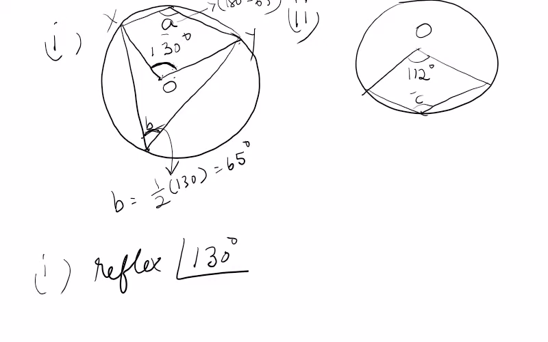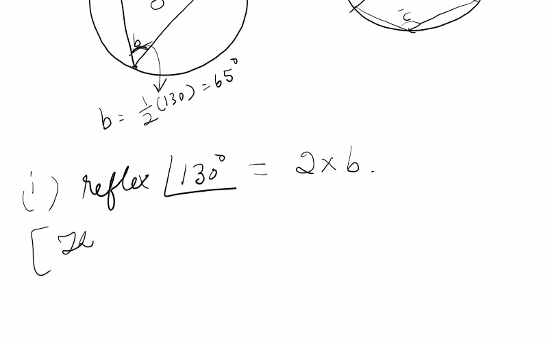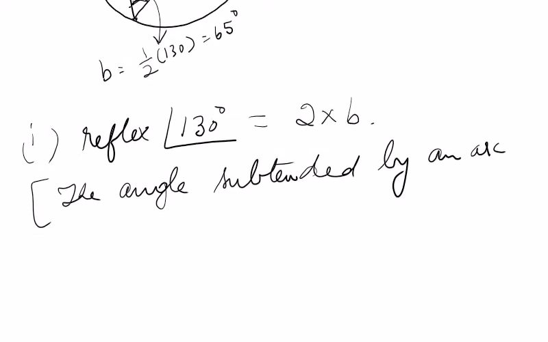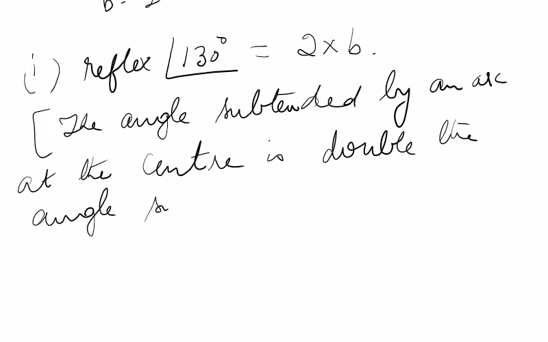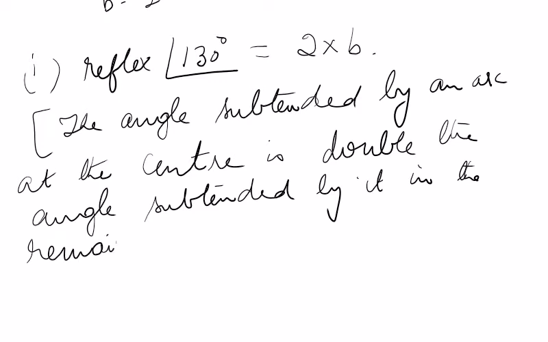So reflex angle 130 degrees is equal to 2 times B. The reason is the angle subtended by an arc at the center is double the angle subtended by it in the remaining part of the circle.